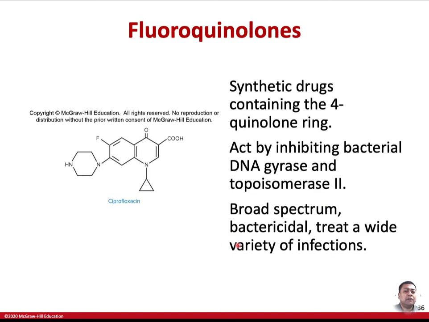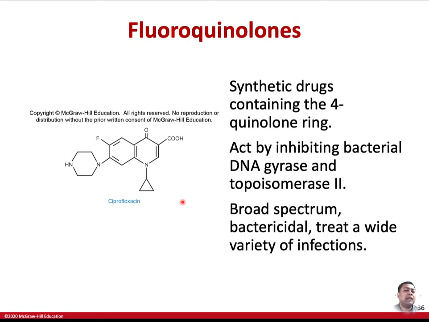The first one we are looking at is the fluoroquinolone. A fluoroquinolone is a synthetic drug which contains these quinoline rings, and they act by inhibiting the bacterial DNA gyrase, which is responsible for giving a negative twist to the DNA and separating the strands during replication. They also inhibit bacterial topoisomerase 2, which is responsible for untangling the bacterial DNA from the supercoiling during replication.